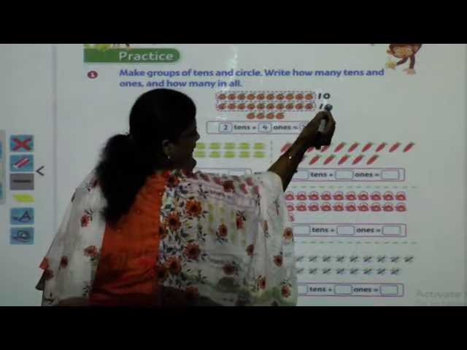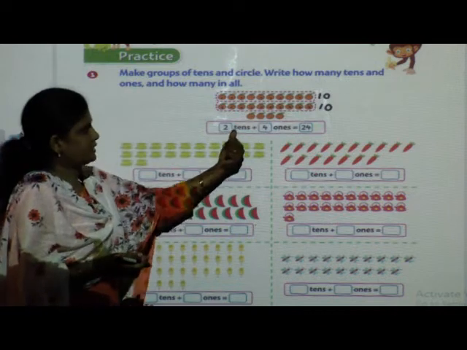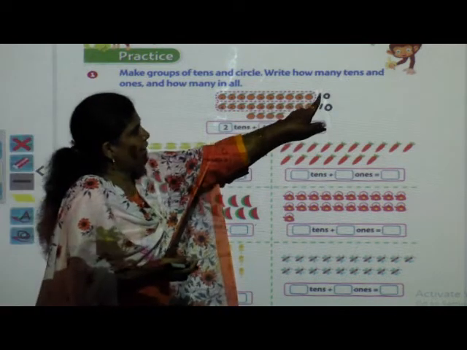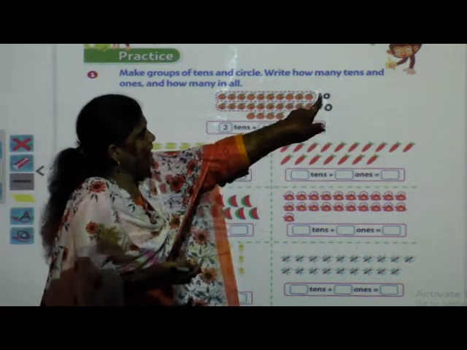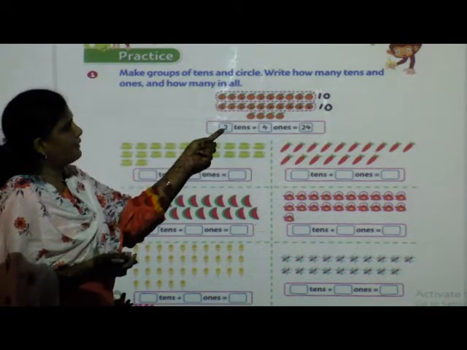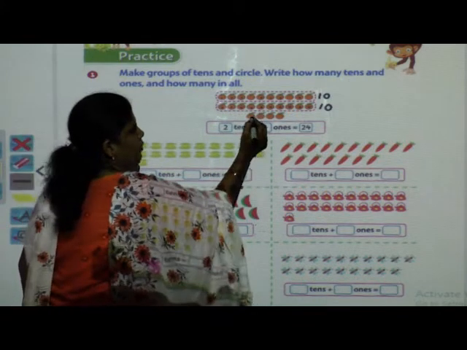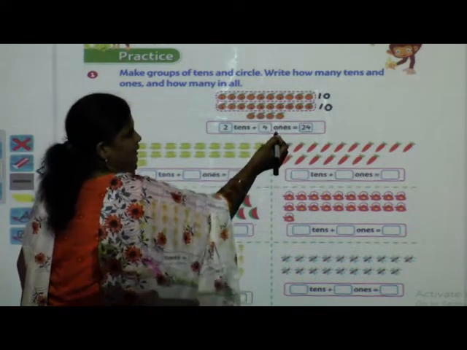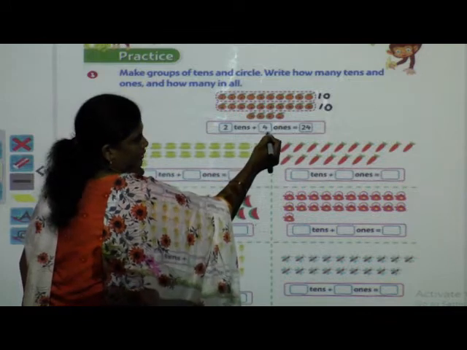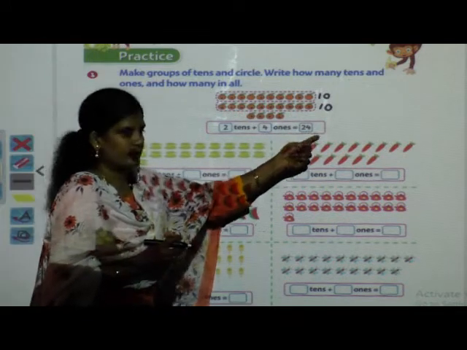This is another bundle. 2 bundles means 2 tens. We have to see that. This one 10 and this one, here they have made 2 bundles. So we have written here 2. And now how many are remaining? 1, 2, 3, 4. That will come in ones. 4 ones. Total 2 tens 4 ones, 24.